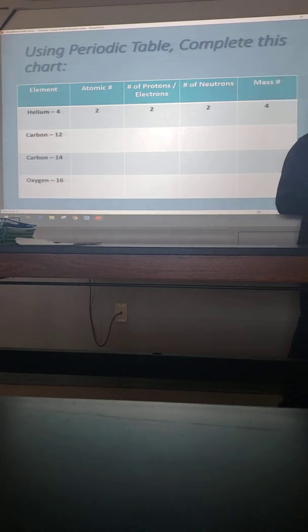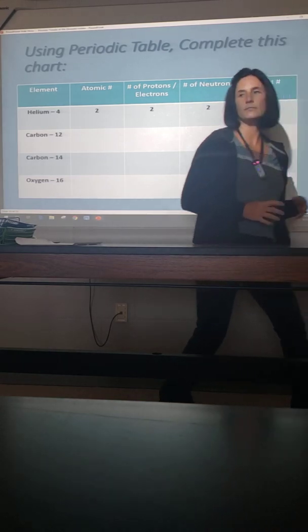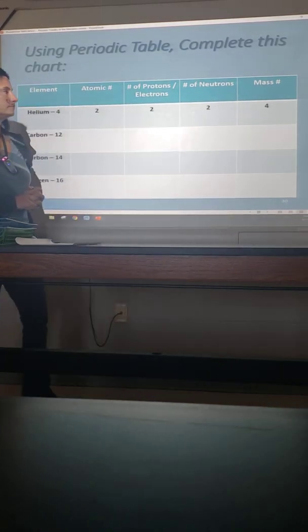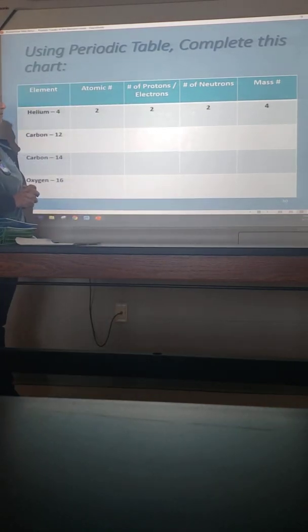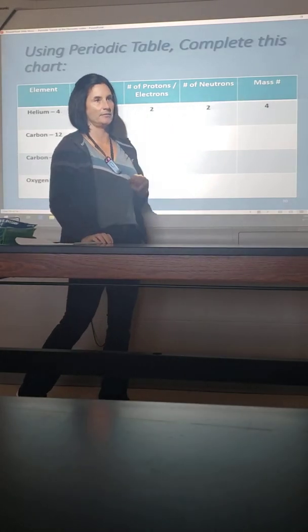So your mass number minus your atomic number. And that will leave you with your number of neutrons. So that's how we determine this.